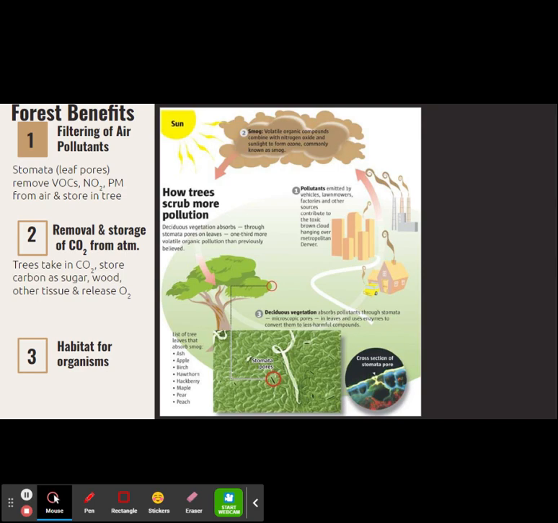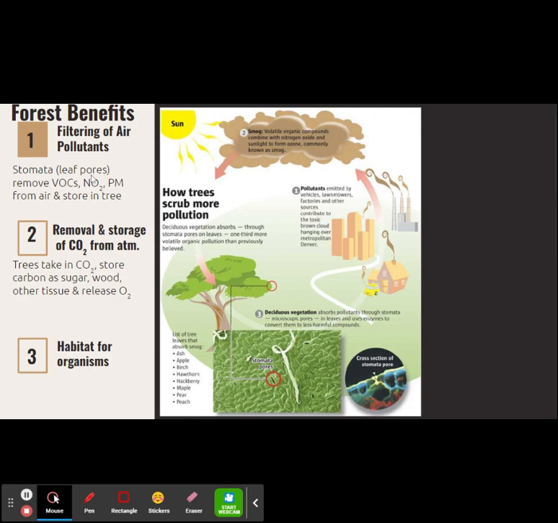They also do cellular respiration, but they are photosynthetic, meaning that they take in carbon dioxide. So trees are removing carbon dioxide from the atmosphere, which is good because we know from previous units that CO2 is a greenhouse gas. It causes a blanket over the atmosphere, preventing the sun's rays from being released back into space, thus warming the planet. So it's good that we have trees to be able to remove CO2 from our atmosphere.